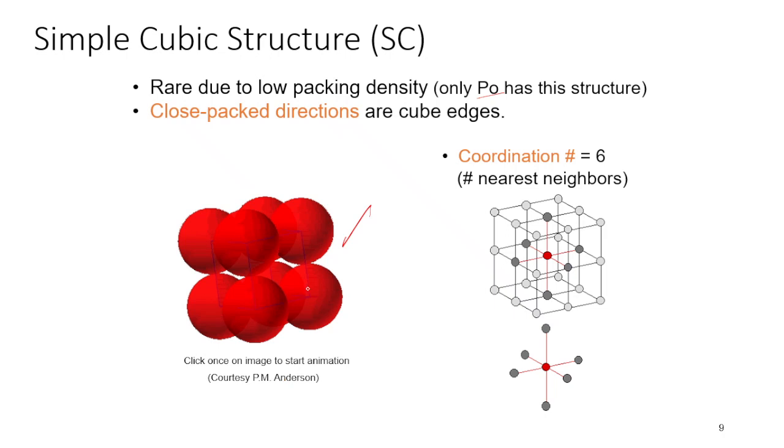In this diagram, this atom is surrounded by one on top, one at the bottom, and four around it: 1, 2, 3, 4, 5, and 6.